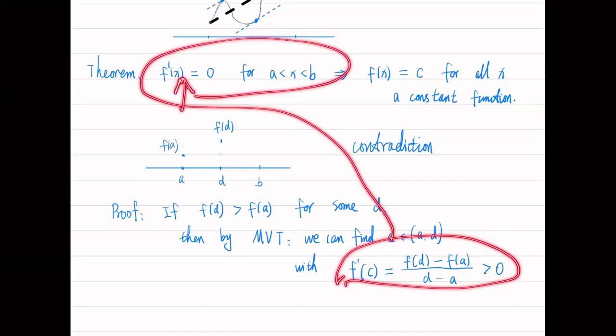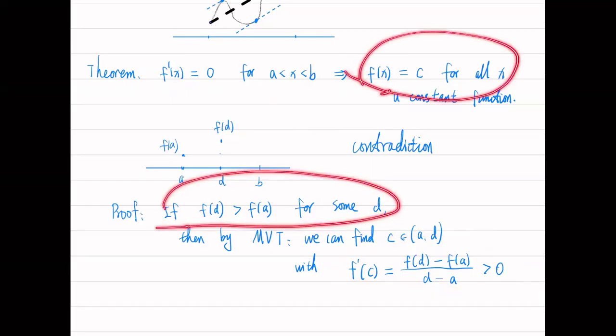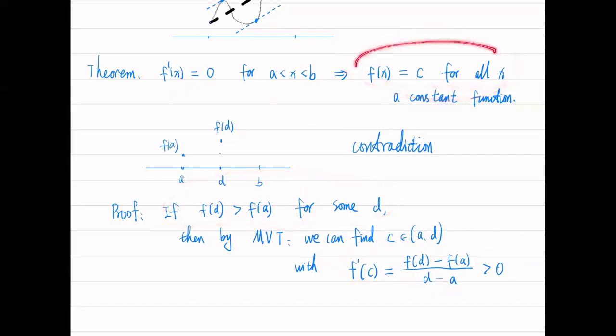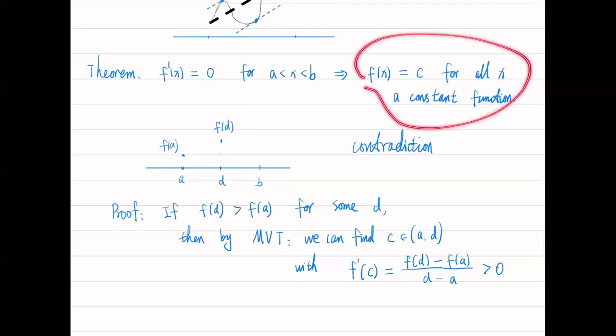So let's see how we prove this. We prove that if the conclusion is false, where the conclusion is that f is C everywhere, we get a contradiction. So it means this must be true. If this fails, we will have a contradiction.